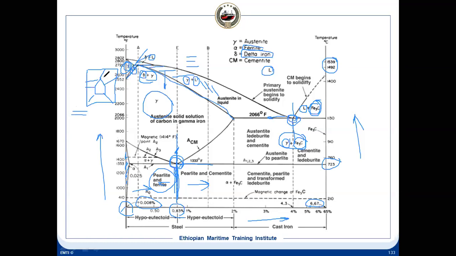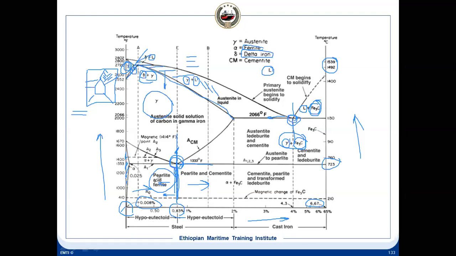So what will happen here? The pearlite will form. That laminar structure will form. So it will completely become this structure, that is the pearlite, at this point if you reduce the temperature.